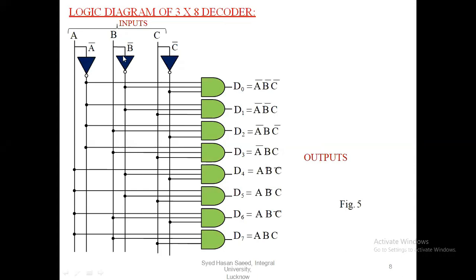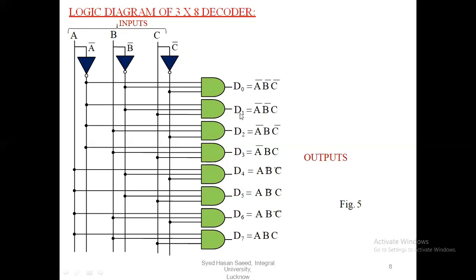A bar, B, B bar, C, C bar. And D0 value is A bar, B bar, C bar, so we take the connections from A bar, B bar and C bar. That is one AND gate representation. These inputs are connected to one AND gate and that output is D0.